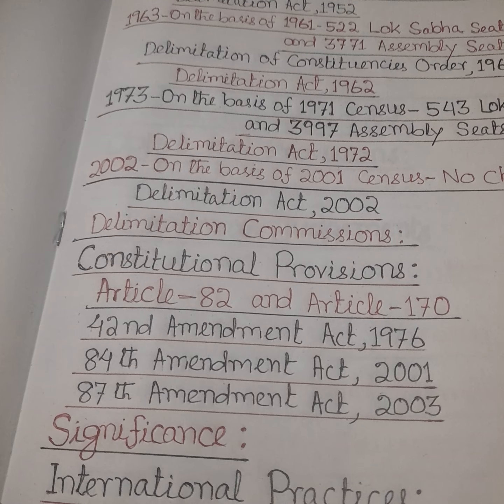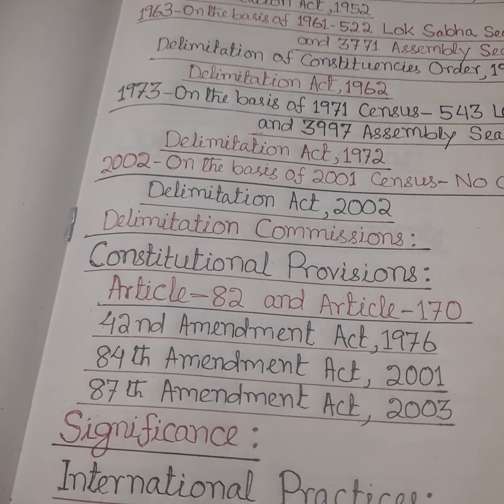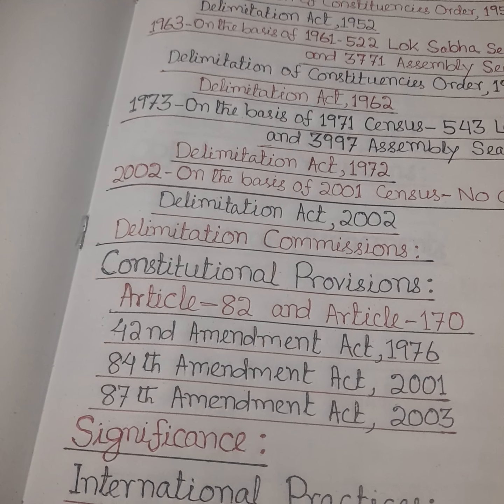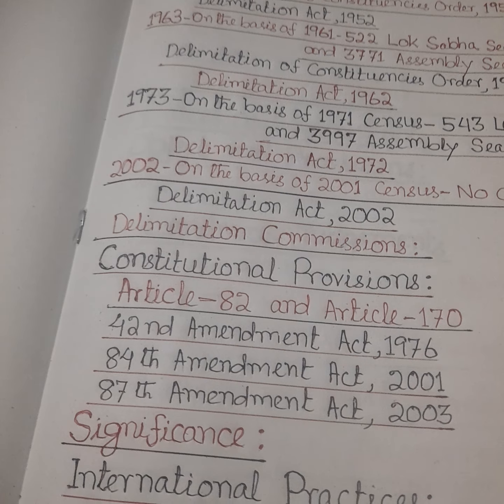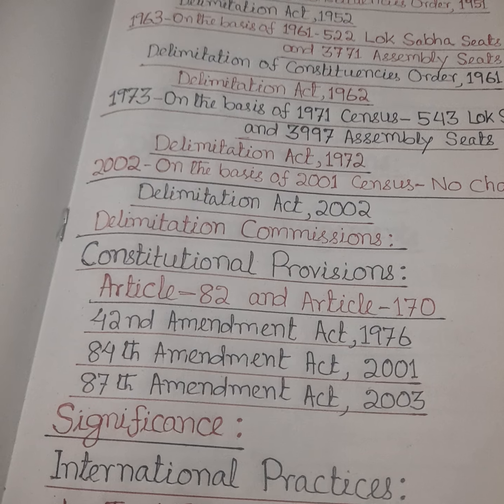of 1952, which was headed by Justice N. Chandrasekhar Iyer, a retired justice, and the commission recommended an increase of seats in Lok Sabha to 494.